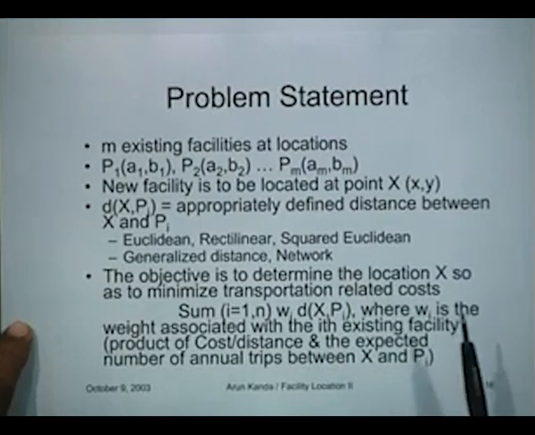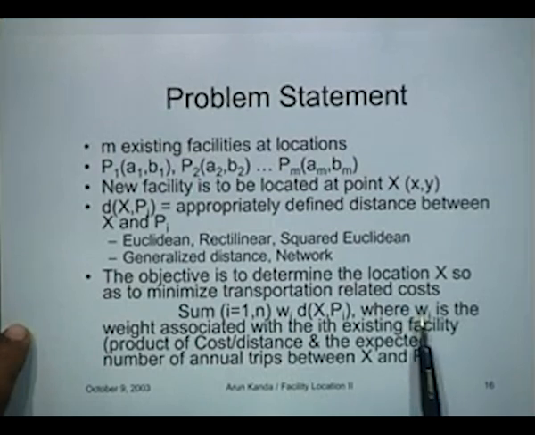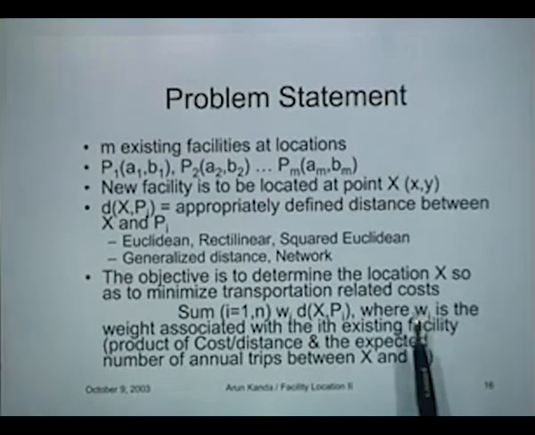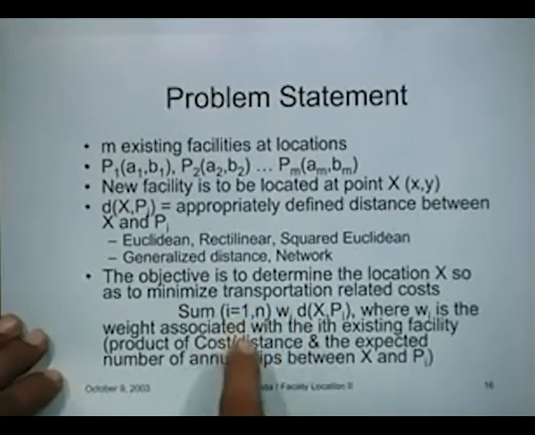If you recall our discussion of the Varignon frame, where we had determined weights corresponding to each of the points, the interpretation of Wi is the same. It is the weightage given to the ith point. How important it is in terms of the interactions which take place between the new facility and that particular facility. So that is the objective function. This is a general statement of the problem.